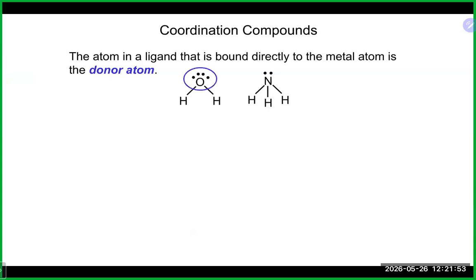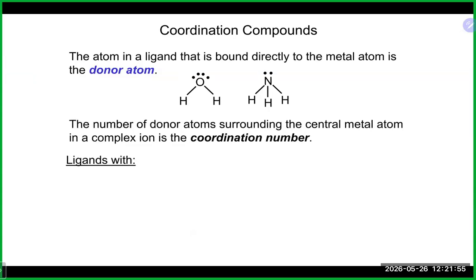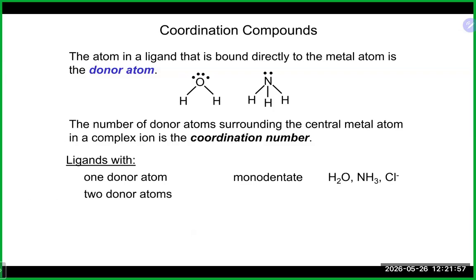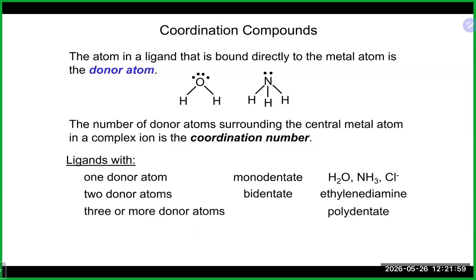Now, when we talk about complex ions, we also talk about what is referred to as the coordination number. We might have touched upon it in a previous chapter. The coordination number is basically related to how many atoms are directly attached to the metal in the complex ion. So when we look at something like water, it will only attach to the metal through the oxygen.